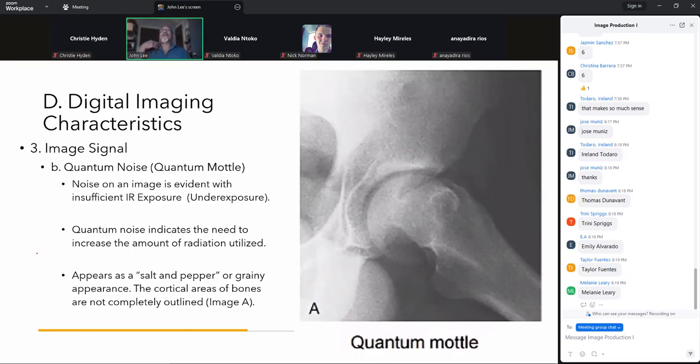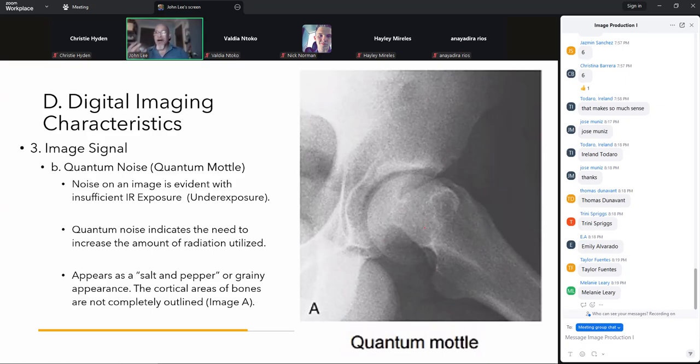One thing that we do still have to watch out for in either system, no matter what imaging system we use, is quantum noise, otherwise known as quantum mottle. And the mottle is talking about that mottled, grainy appearance.